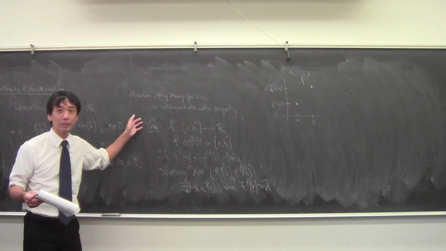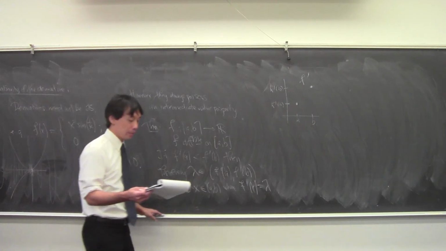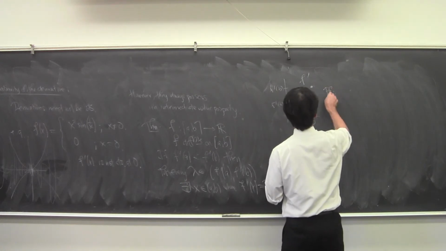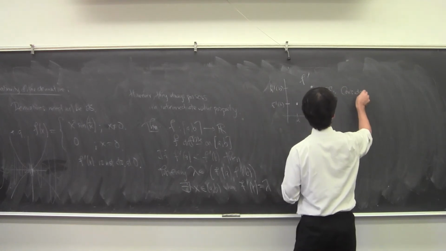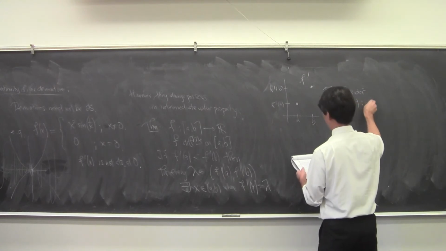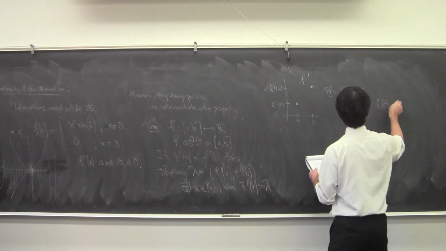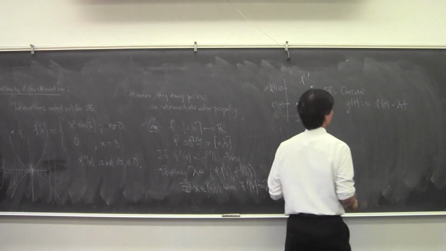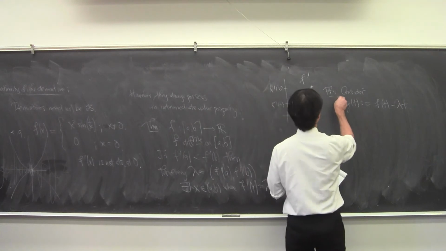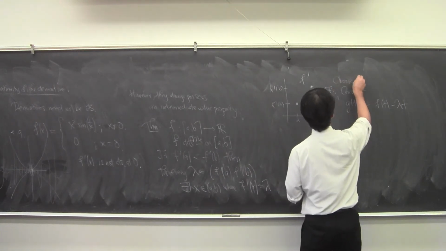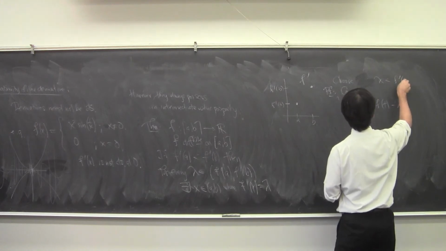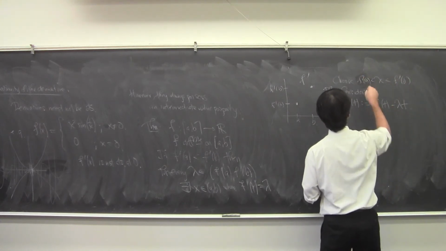So the derivative has this intermediate value property, and the proof of it is pretty straightforward. So proof: consider the function g of t being f of t minus lambda t. So choose your lambda between f prime of a and f prime of b.